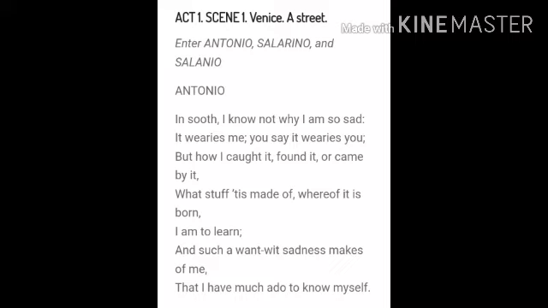How I caught it means how I acquired the sadness. Found it and came by it also have the same meaning: how I acquired it or how I got the sadness.